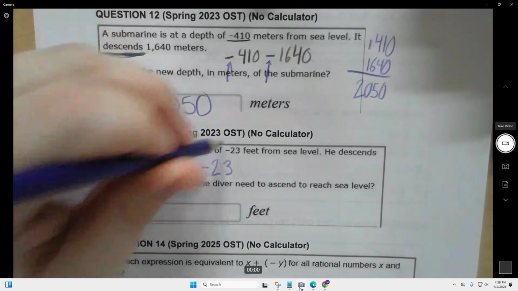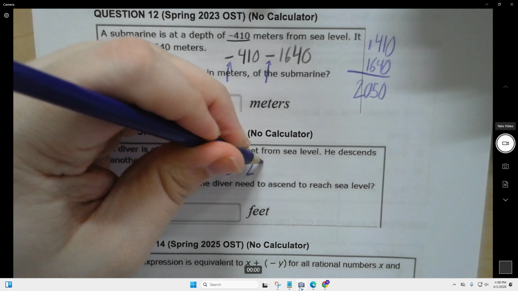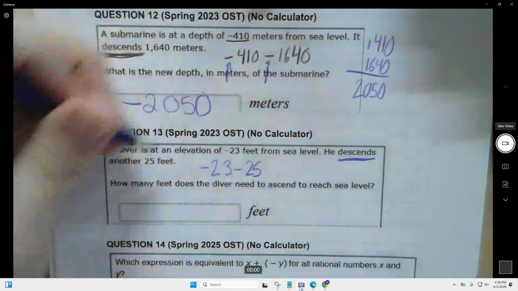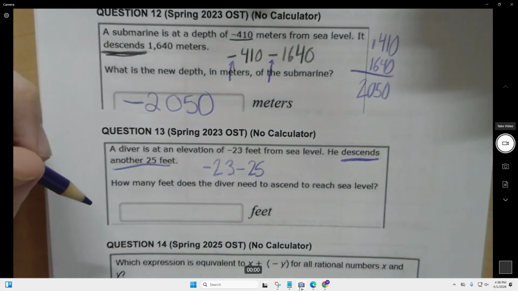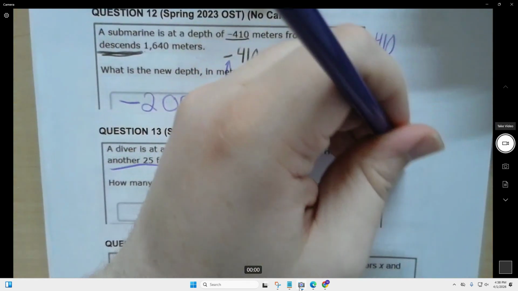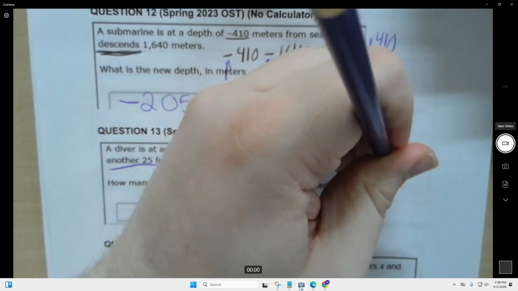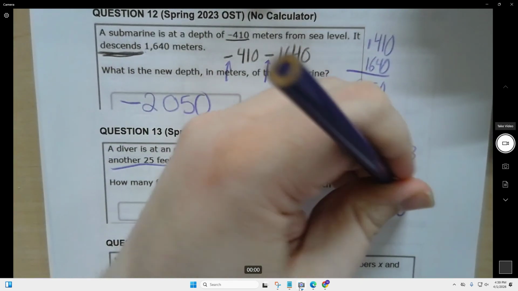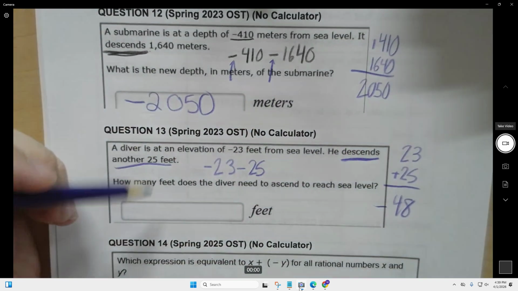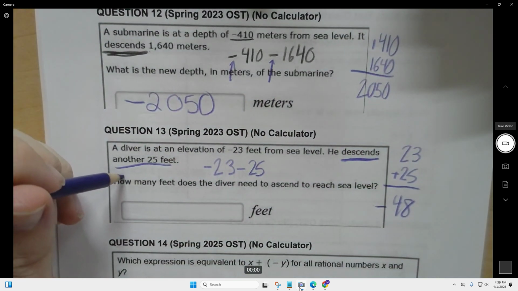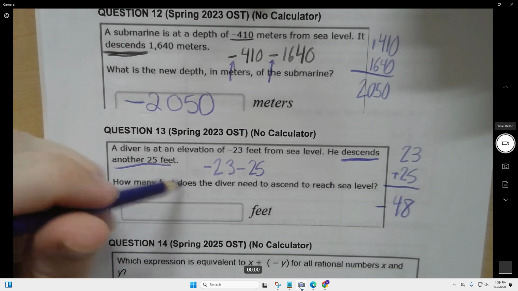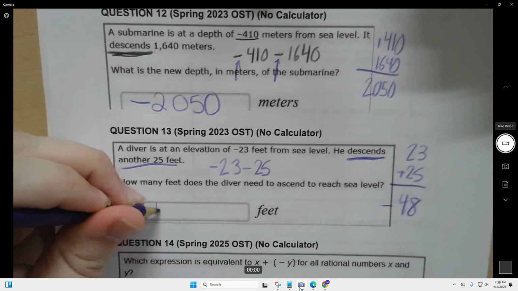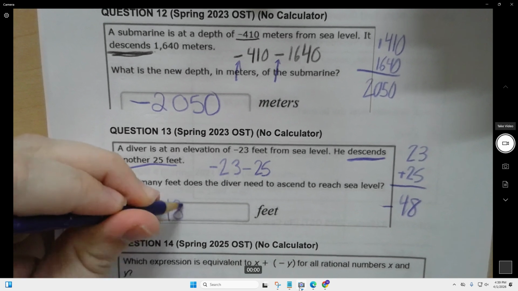So same thing, negative 23 minus 25, because he is descending further. Add them up. 23 plus 25, 48. Make sure you stick your negative back out in front. To get back to sea level, he would have to go back up 48 feet.